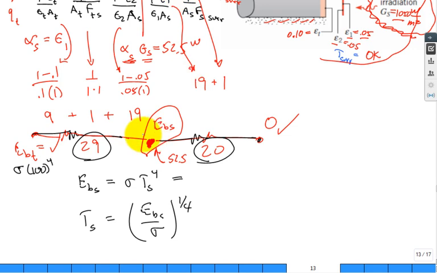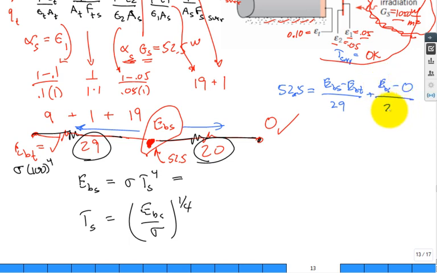Do an energy balance for this node. So 52.5 watts going in is equal to what flows out that way, which would be EB shield minus EB tank divided by the sum of the resistances 29, plus what flows out that way, which is EB shield minus 0 divided by the resistance of 20.